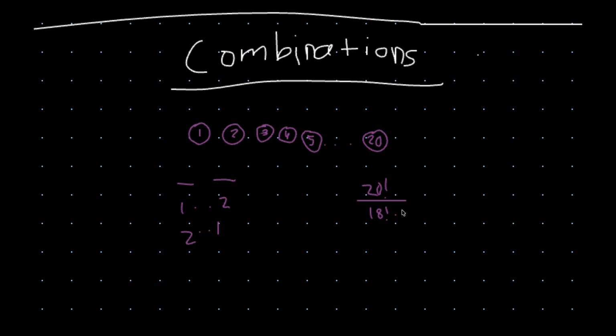So you can say times 2, because you'll divide it from this total. So 20 factorial over 18 factorial is 19 times 20 divided by 2, 19 times 10, which is equal to 190.